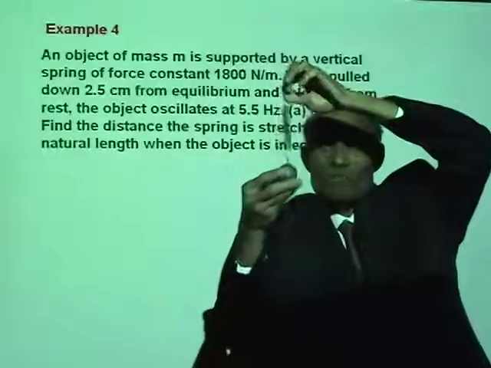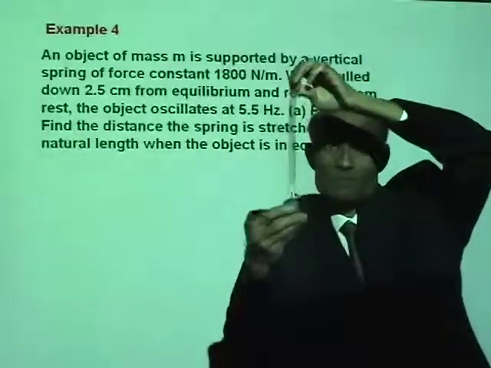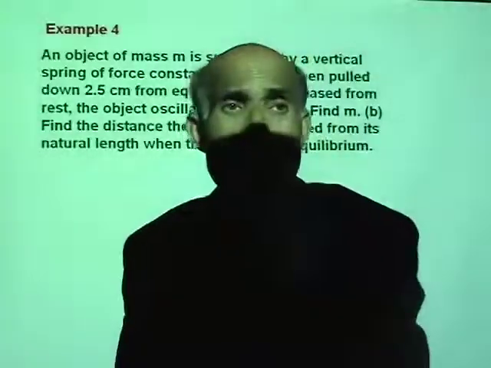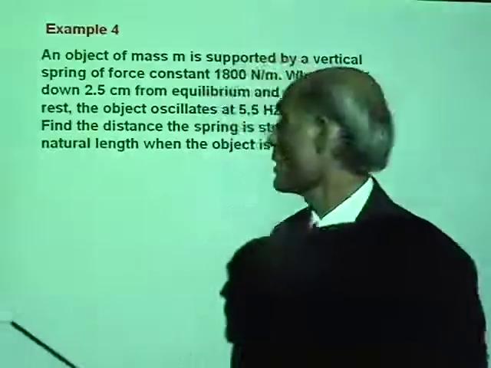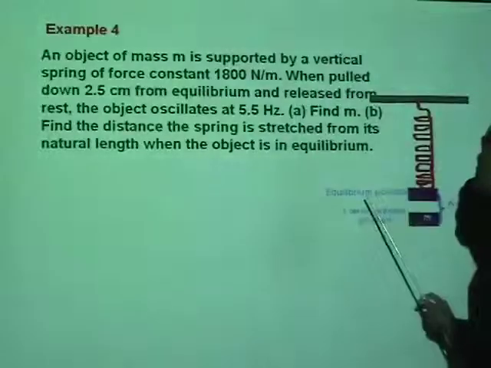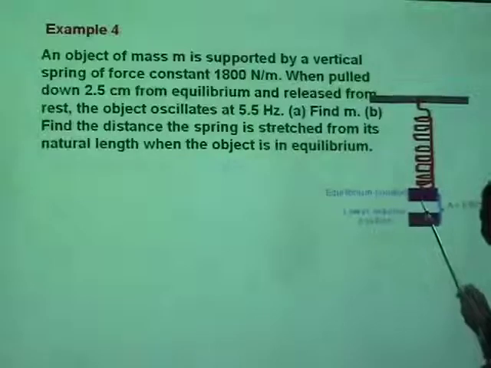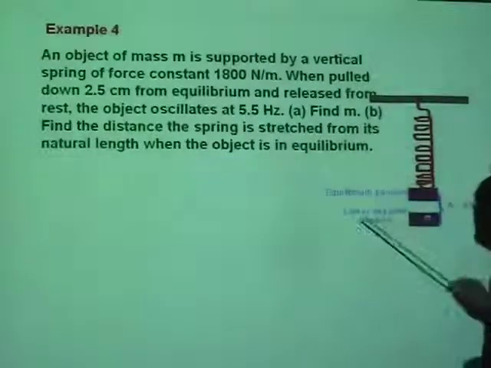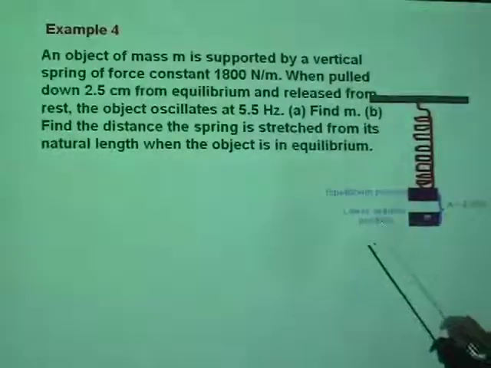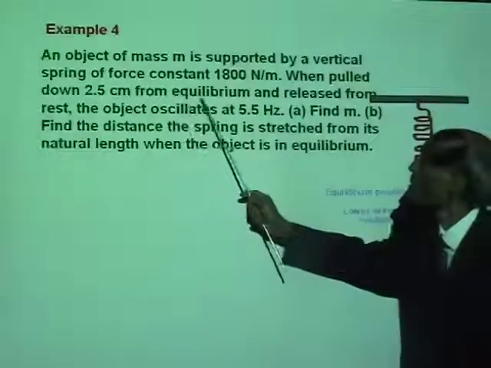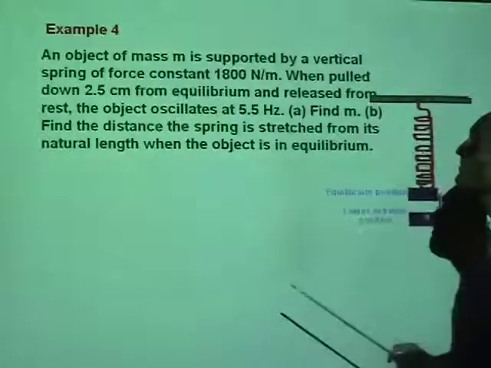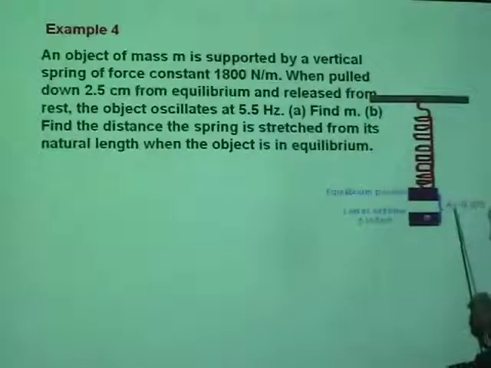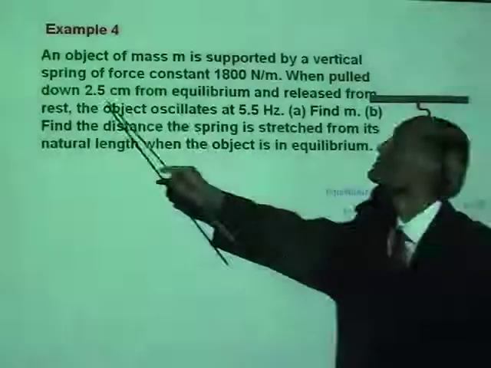Because once the spring, well, alright, we will talk about that as we go on. Okay, this is the situation. This is the equilibrium position. That means the natural length will be somewhere there. This is the lower extreme, and the object is pulled down 2.5 centimeter, means the amplitude of vibration will be 0.025.